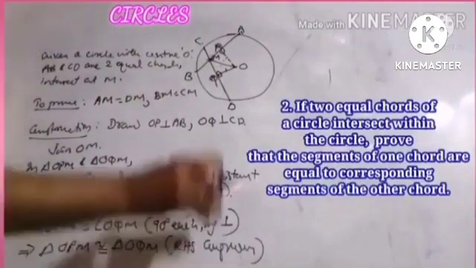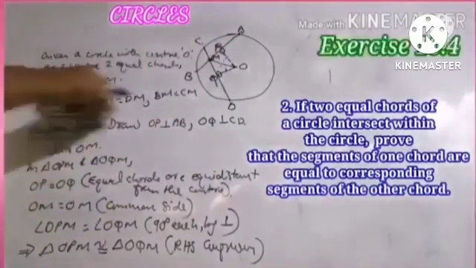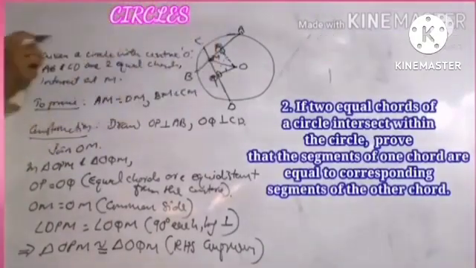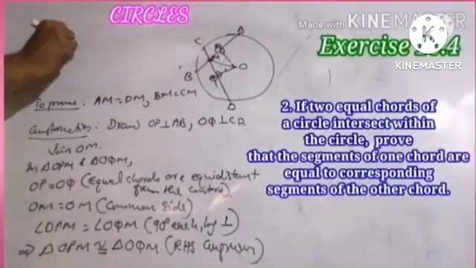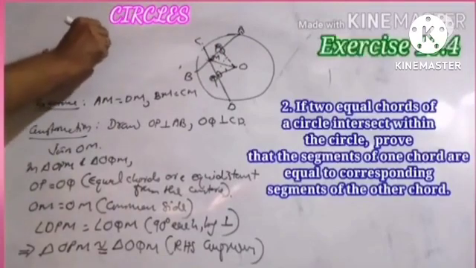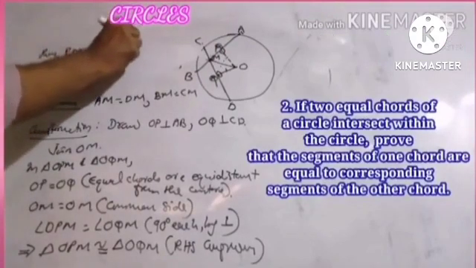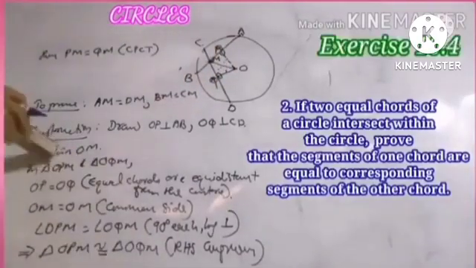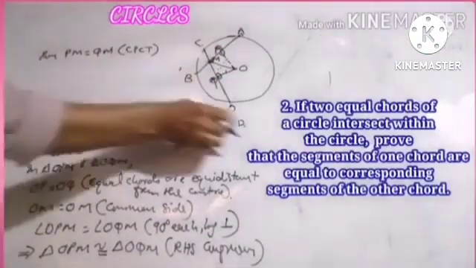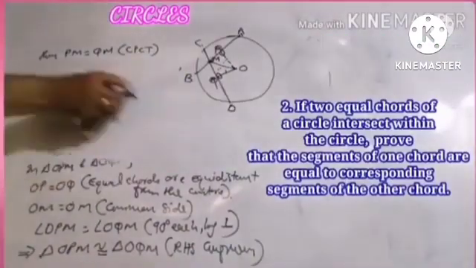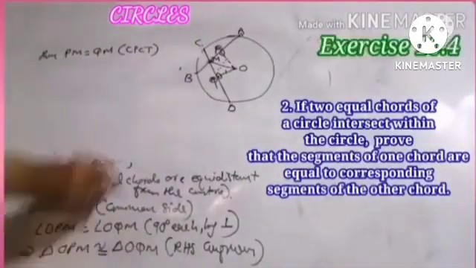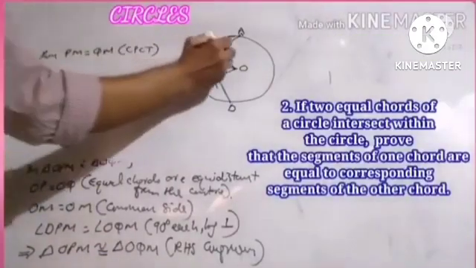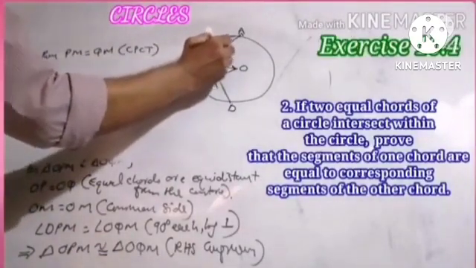There is no need to prove that one, but to get the result, we have to go with PM and QM. Then PM equal to QM, by CPCT, corresponding parts of congruent triangles. Now using PM and QM, we can prove that AM, DM are equal and BM, CM are equal.